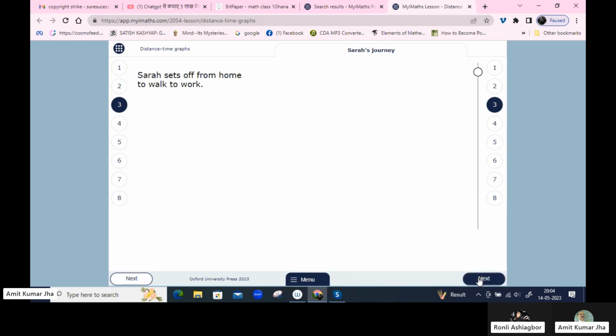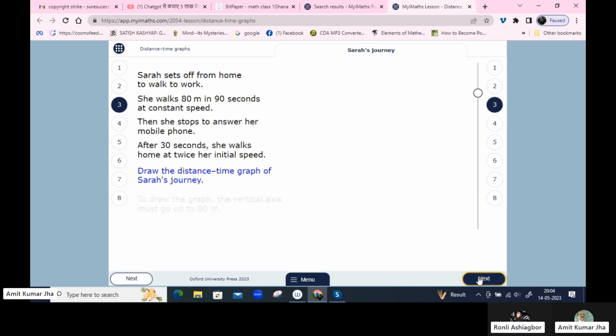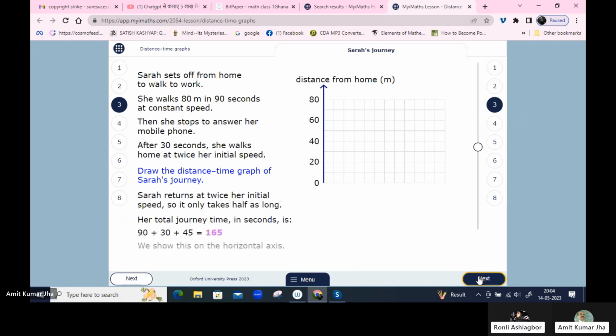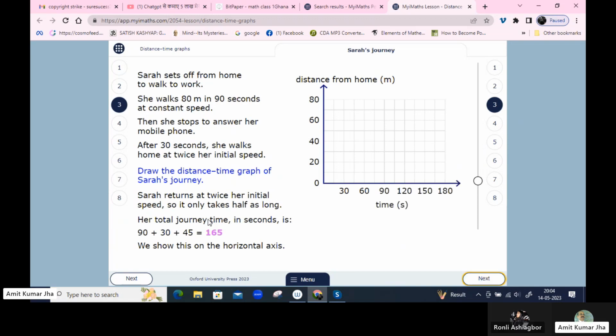Before I proceed, I just need to discuss a few things. This is the graph of Sarah's journey.